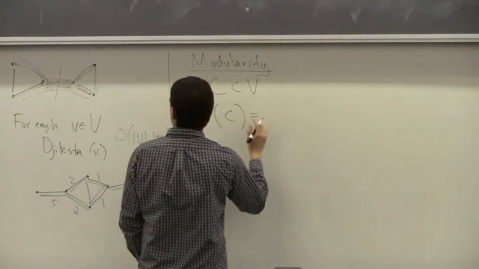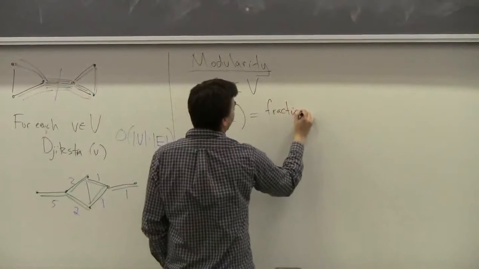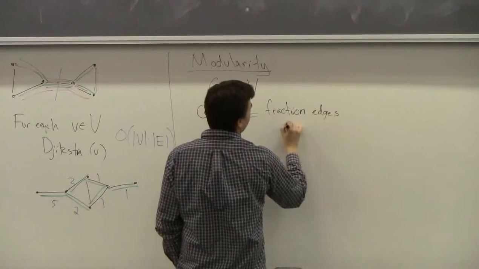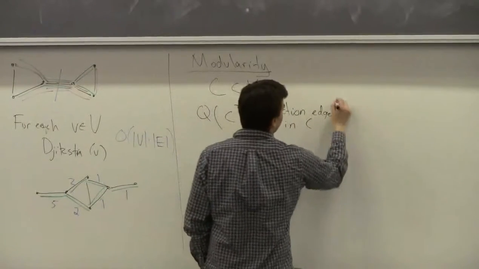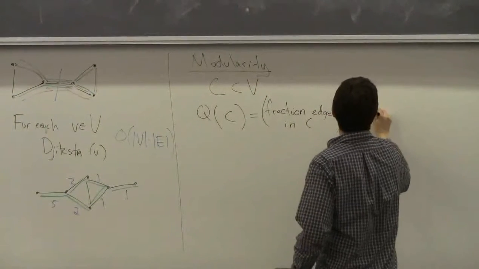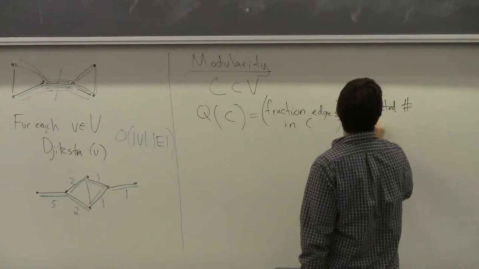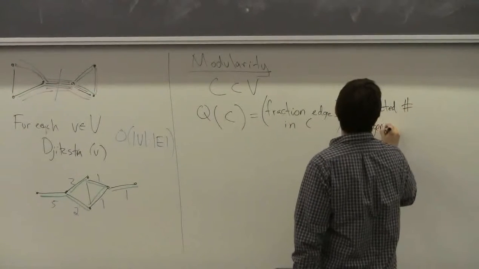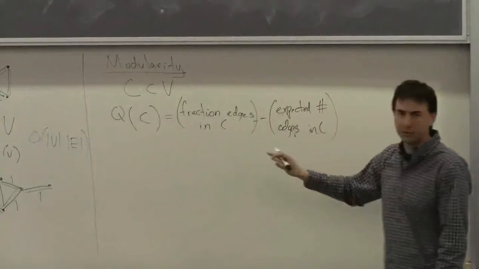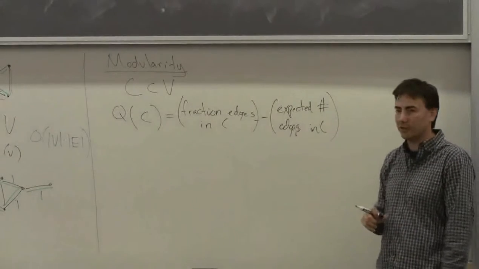So this is basically going to be defined as the fraction of edges in C, minus the expected number of edges in C. Okay, so I'll define this a bit more precisely.